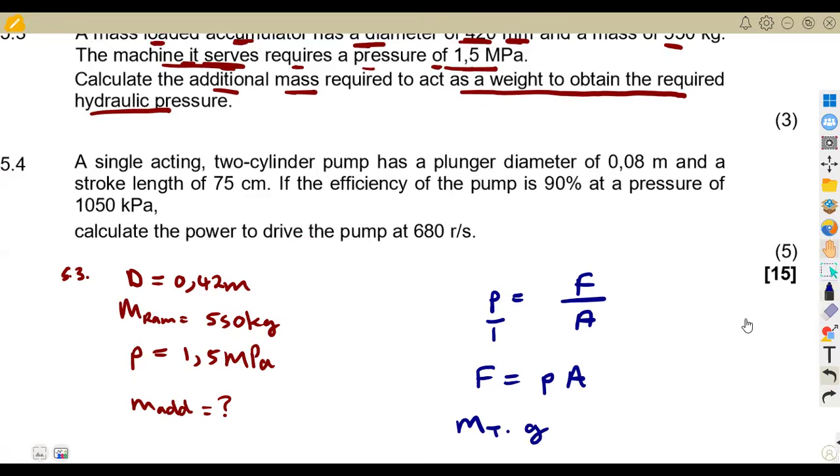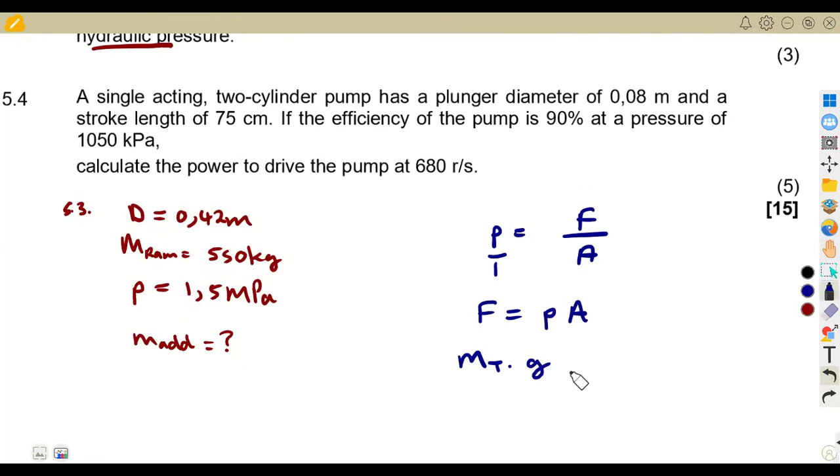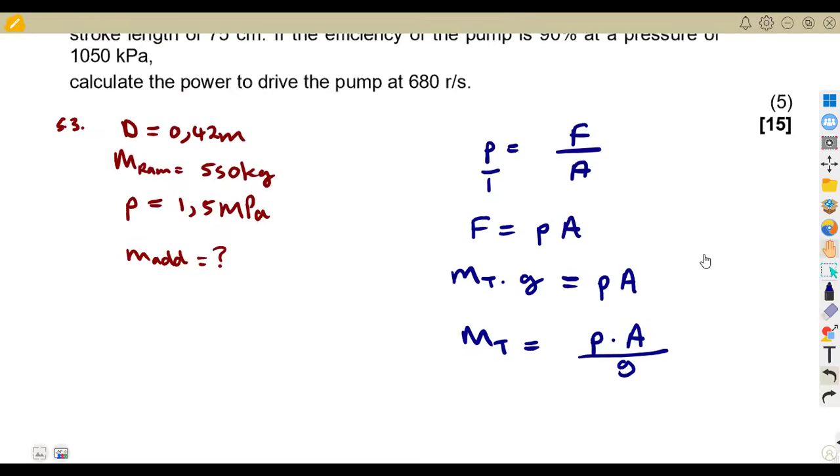So the total mass is equal to the pressure times the area, divided by g. That means the total mass is equal to the pressure times the area over the gravitational acceleration.